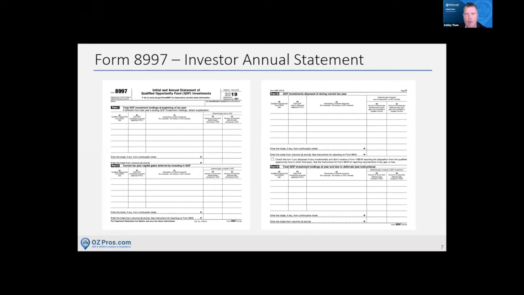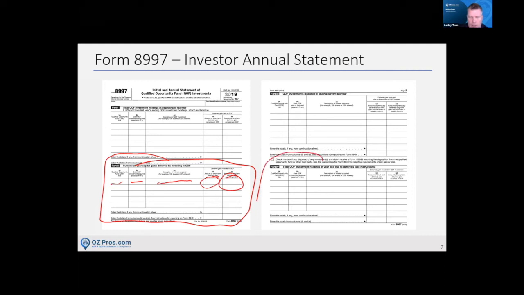This is the second form that an investor will file, the 8997. And then you're going to indicate here what you've done relative to the investment that you've made into a qualified opportunity fund. Once again, the EIN, the date that it was acquired, the description of the interest that you got. So if you got 10% of the fund, then you're going to put that in that blank. And then you're going to indicate whether it was short-term gain and how much, or long-term gain and how much that you deferred by investing into the fund.